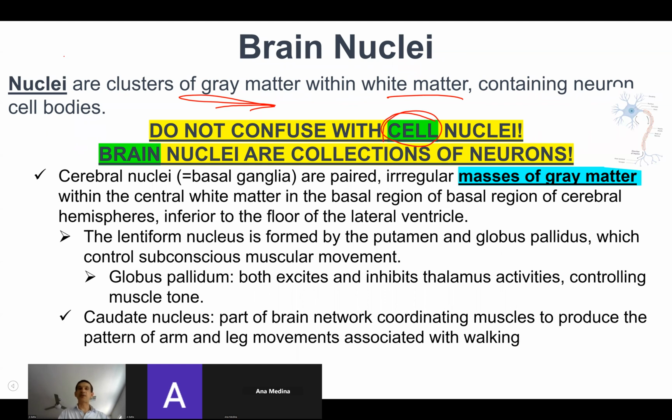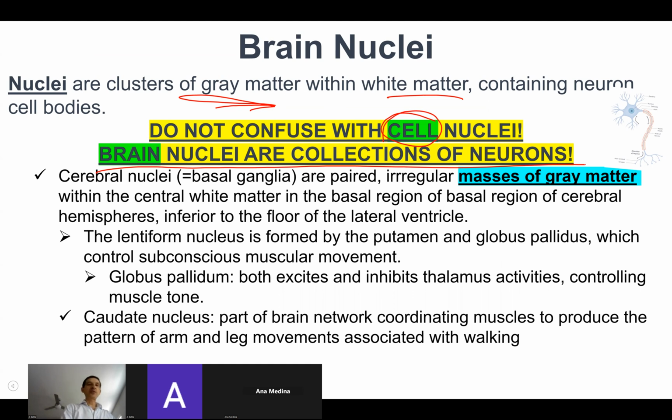That's your cell nucleus. Now, brain nuclei are collections of many neurons.